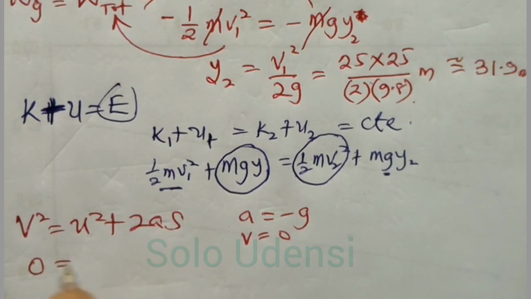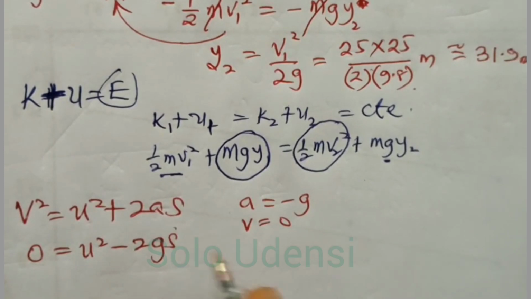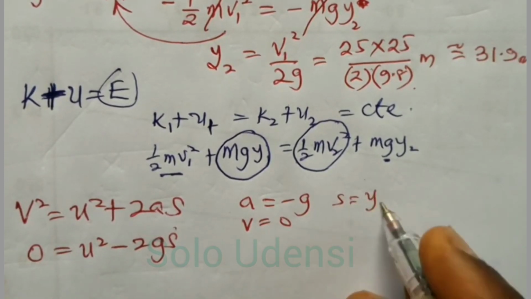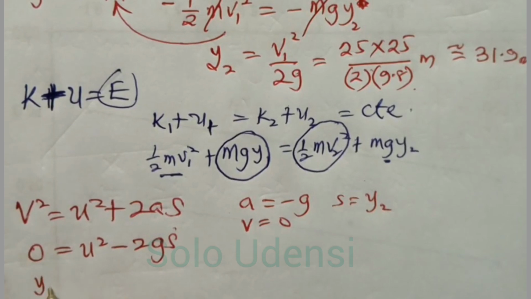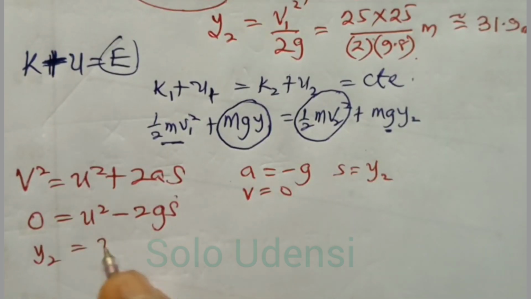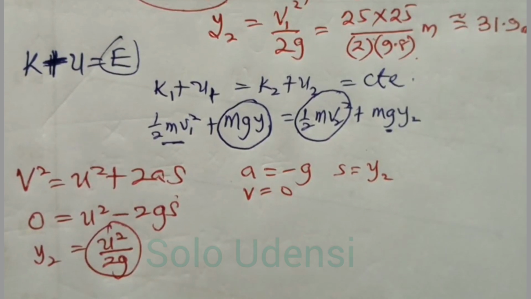So we have that 0 is equal to u squared minus 2gs, and s is our y2. So y2 is equal to u squared over 2g. That is if we use equations of motion.